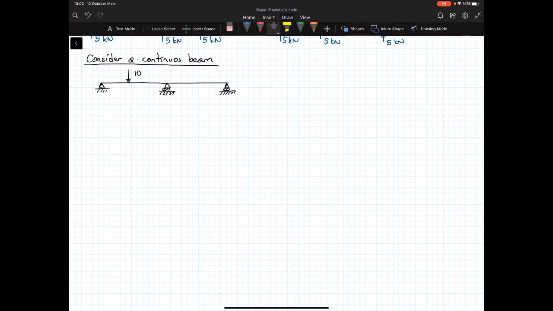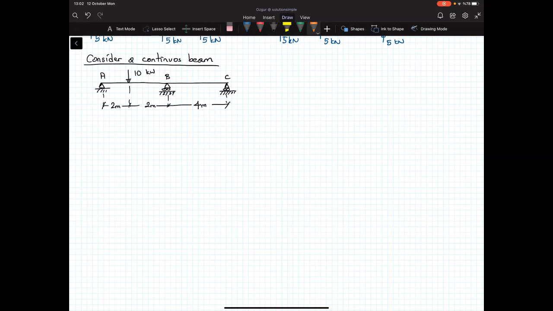So I have 10 kilonewtons here. These are all 2 meters, 2 meters. And let's say that the second span is 4 meters long. Point A, point B, and point C.